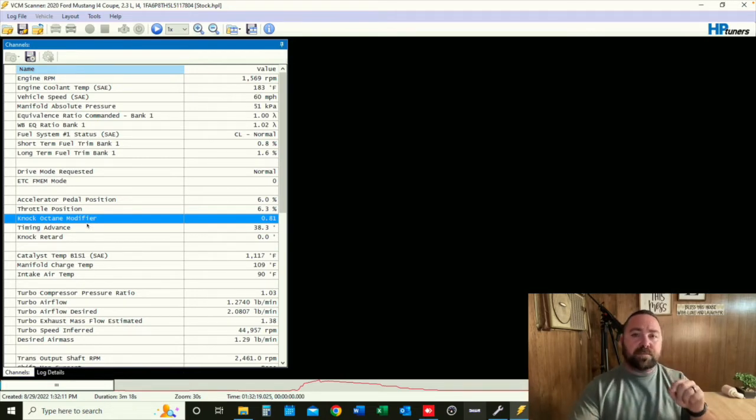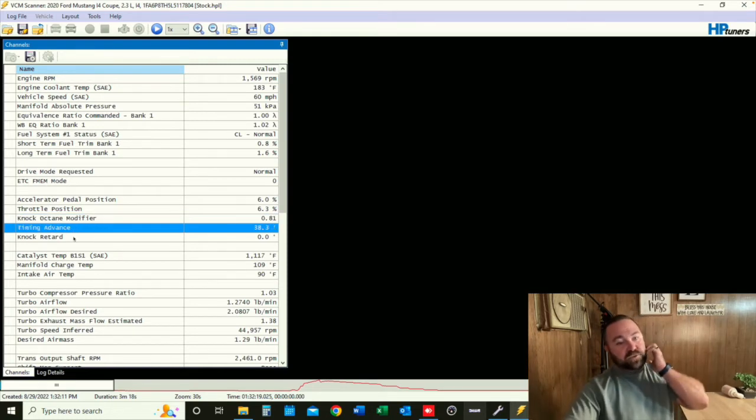And that is based upon its interpretation of what octane is being run through the car. Of course, naturally, you're going to make less power on 87 octane than you would on, say, 93 or even higher. We're not even getting into ethanol, but it will still run and operate because this little guy right here is watching out for you.